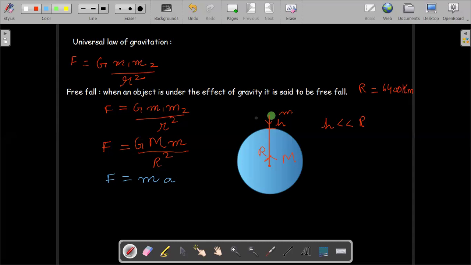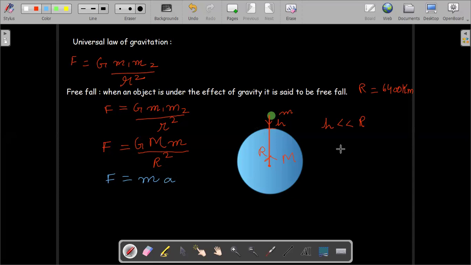This mass will start accelerating towards the earth, so every time the acceleration will be towards the earth. We can write it as F equals ma.